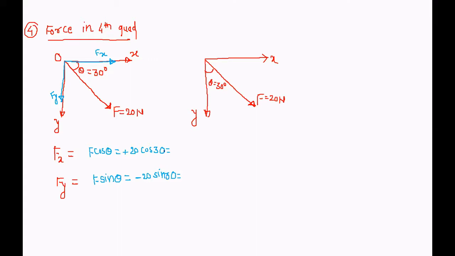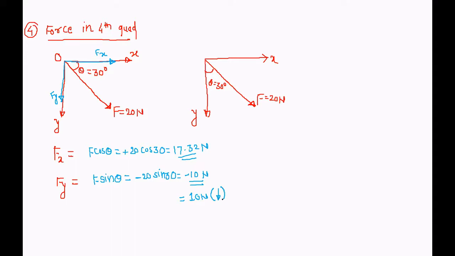I have already calculated this value. This 20 cos 30 is nothing but the 17.32 Newton. So this is plus, and this 20 sin 30 is nothing but the minus 10 Newton. So what is the meaning of this minus sign? We can represent this as a 10 Newton, but at that time we have to specify the direction.